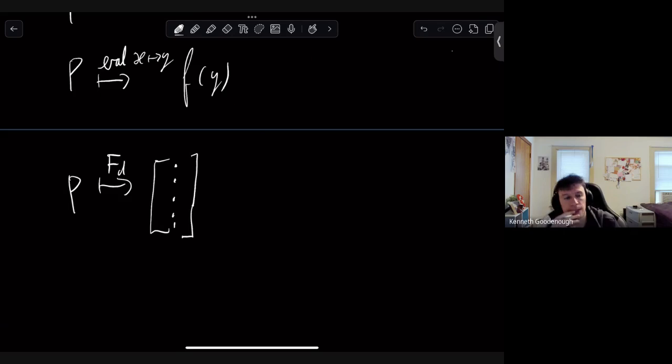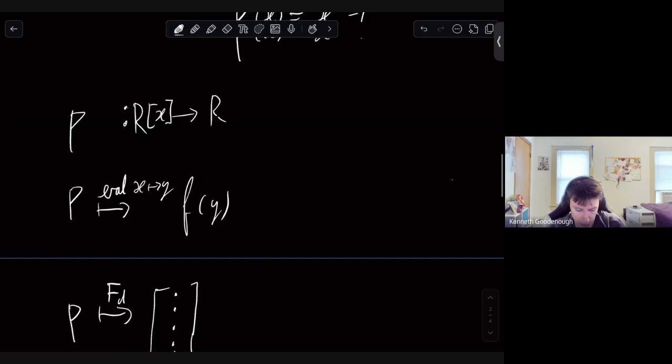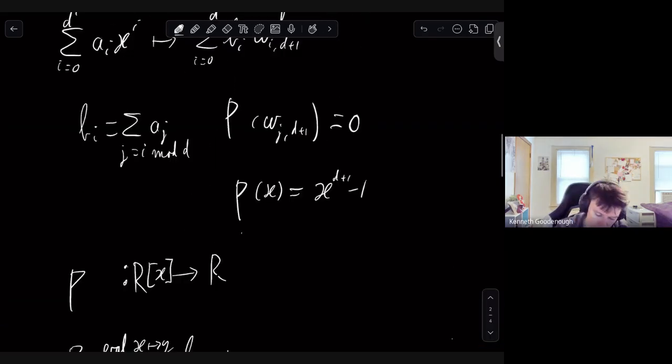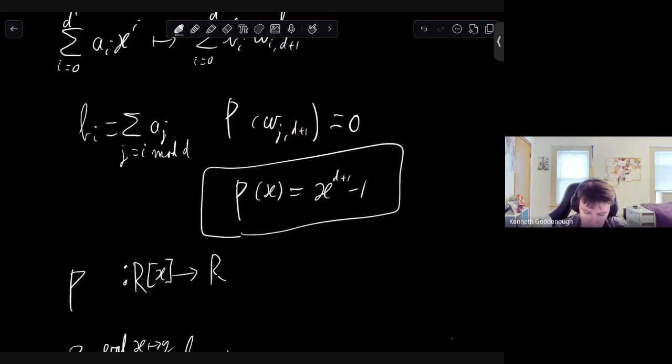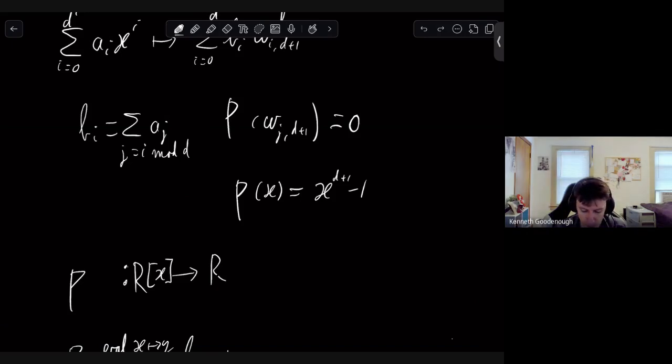We're evaluating at specific roots of unity. And for a given d, we will have elements that are in the kernel. Now, I claim that these polynomials are all in the kernel. But are there more of them?